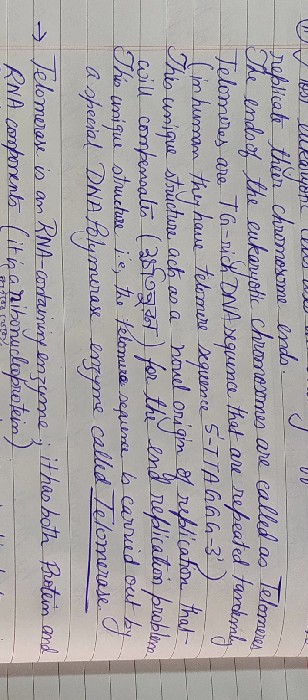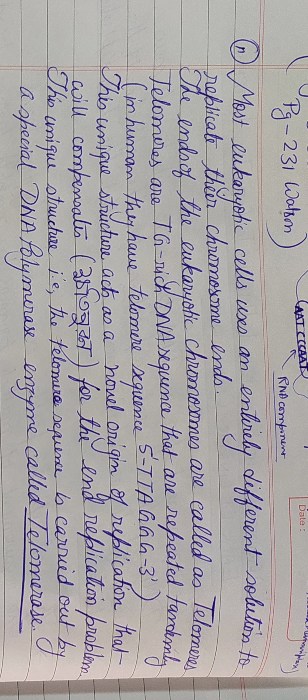So this unique sequence acts as a novel origin of replication that helps compensate for the end replication problem. And this unique structure, the telomere sequence, is made by a special type of DNA polymerase enzyme known as telomerase.